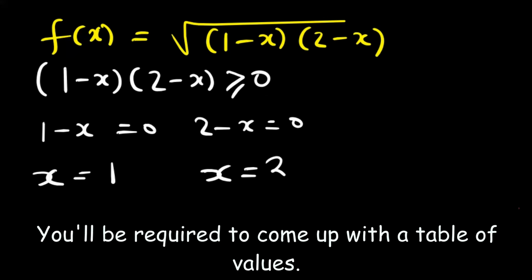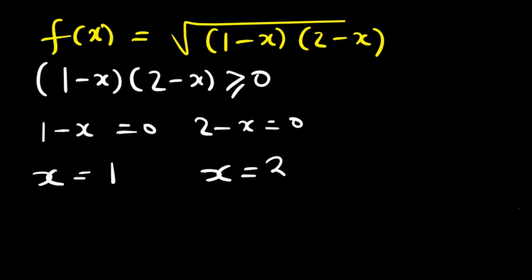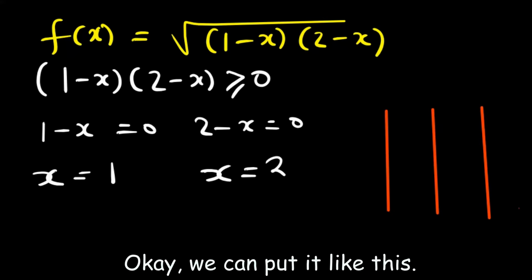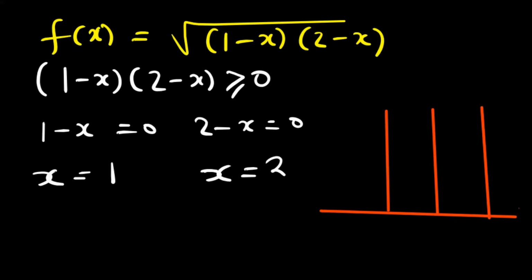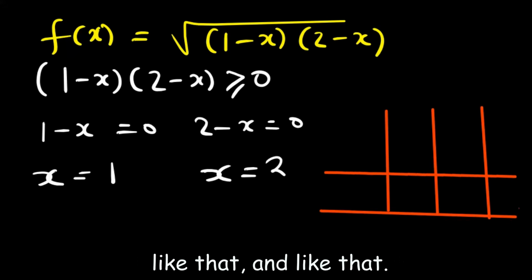table of values. So for a table of values, let's say this is our table of values, like that. We can put it like this, like that, and like that.